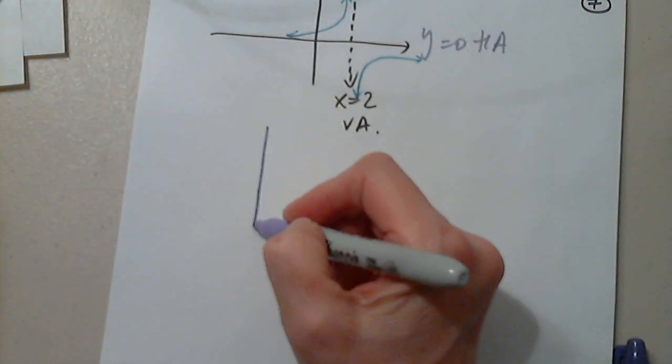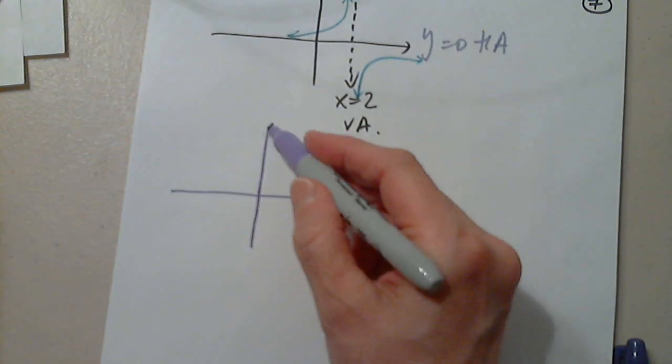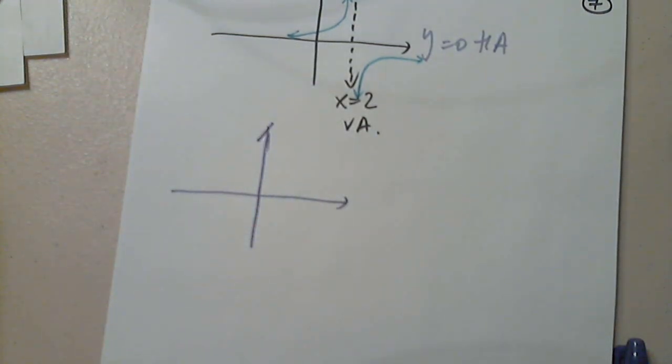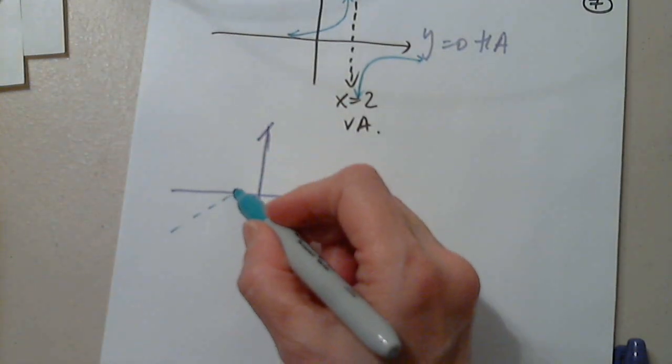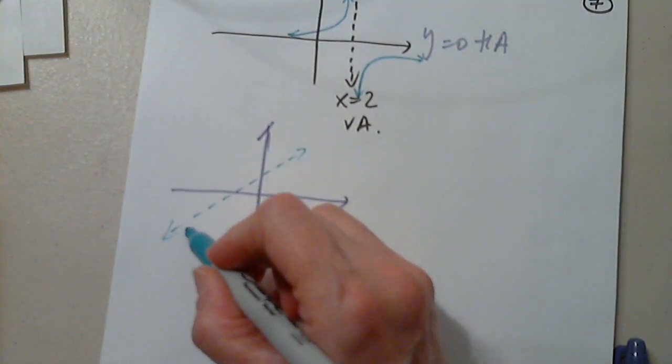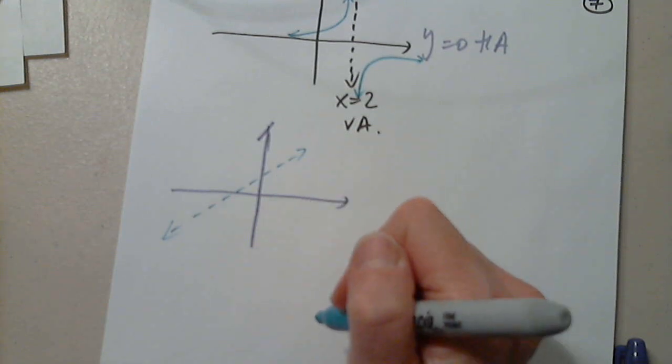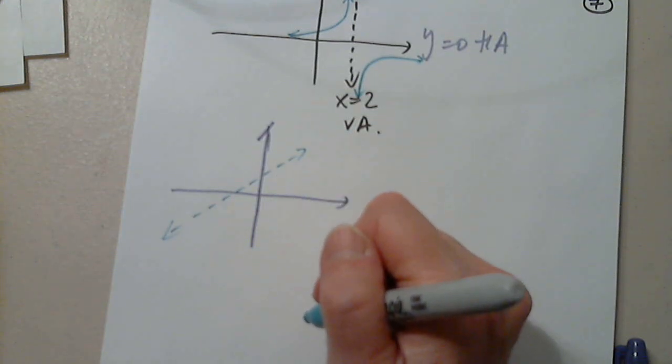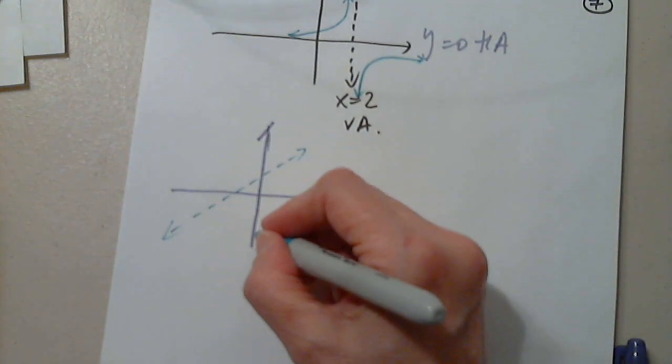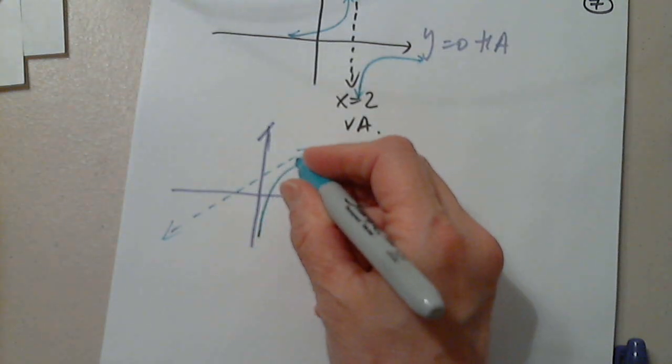Okay, so what is a slant asymptote? A slant asymptote is exactly what it says, oblique. Something like this. This is a slant asymptote. And what will the function do? Follow it.